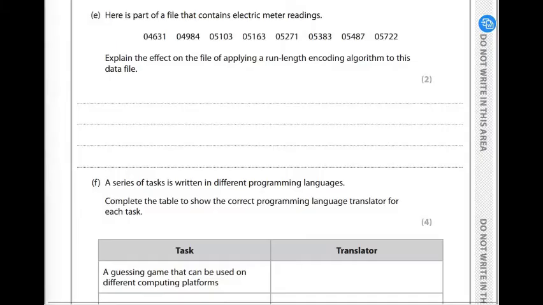You could say because there are very few repeating patterns, or you could say the file will increase because the run length of 1 would be added to each digit. Any combination of what I've just said, like the file size will not be decreased because there are no repeating patterns, would get you 2 marks straight away. Okay?